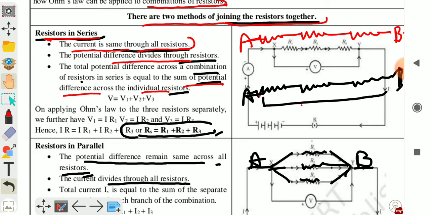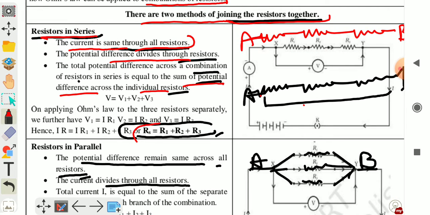Hence, IR equals IR1 plus IR2 plus IR3, or we can say RS is equal to R1 plus R2 plus R3, where S is for series. So when resistors are connected in series, we simply add the values of the resistors, R1 plus R2 plus R3, to get the resultant resistance.